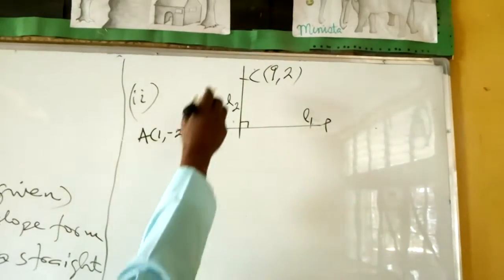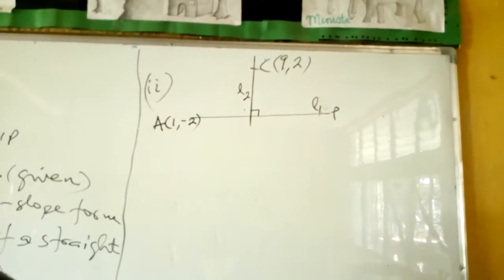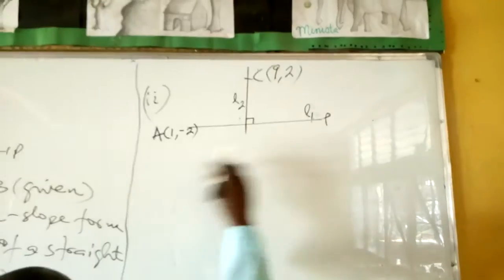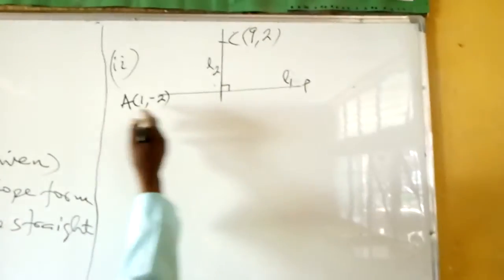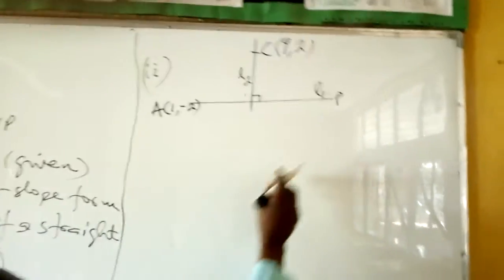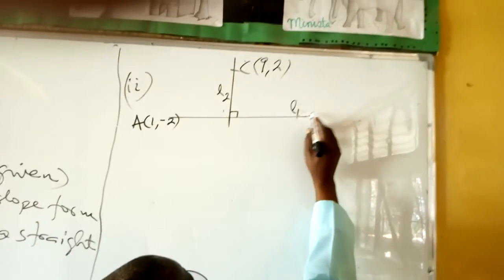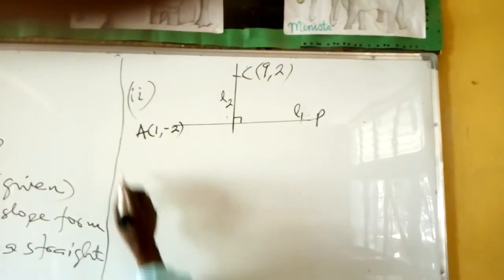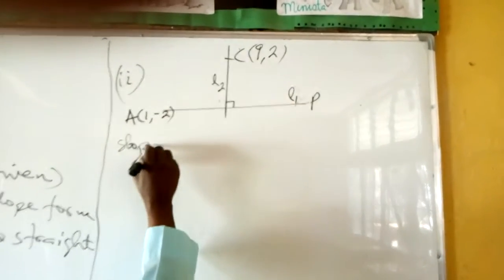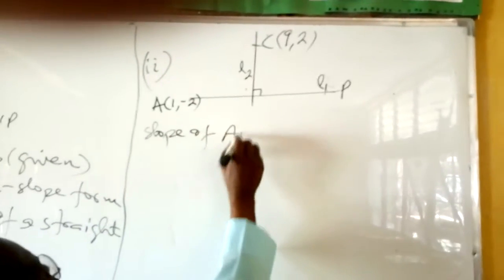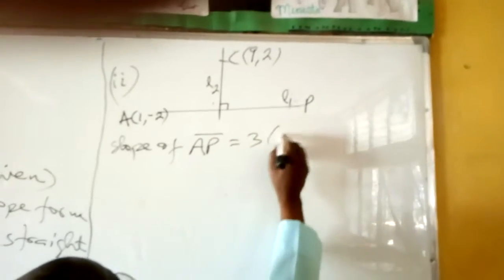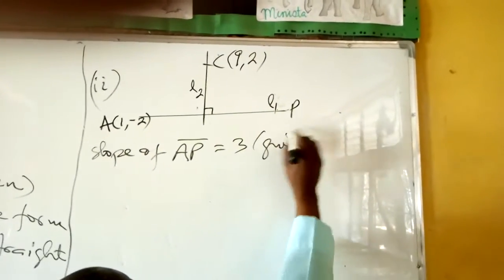How do I find the equation of that line L2, which is perpendicular to AP? First, the slope of line AP is known, because it is given in the question. The slope of line AP is equal to 3.